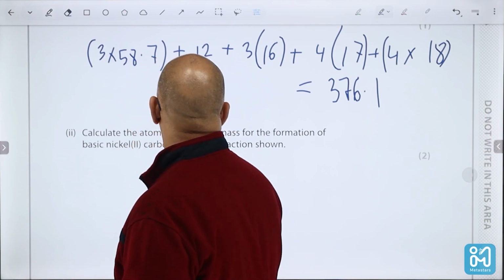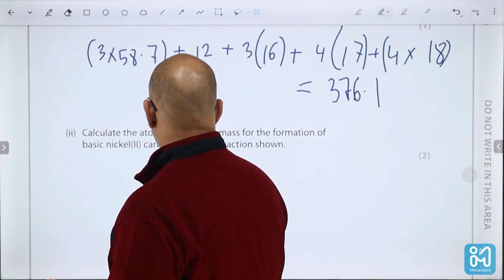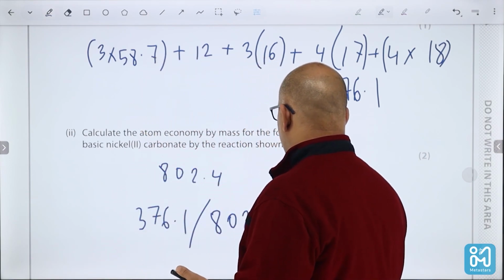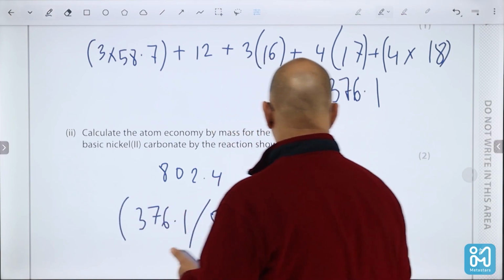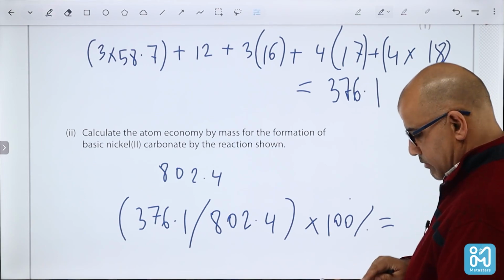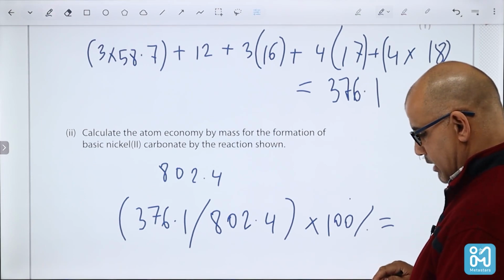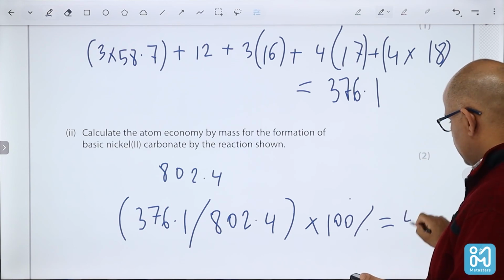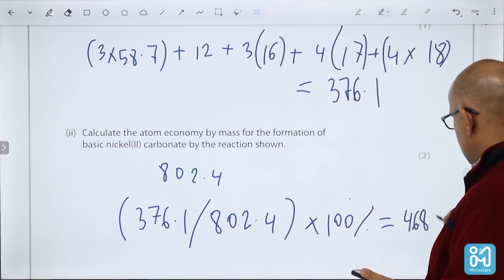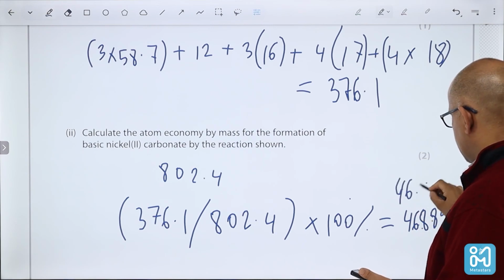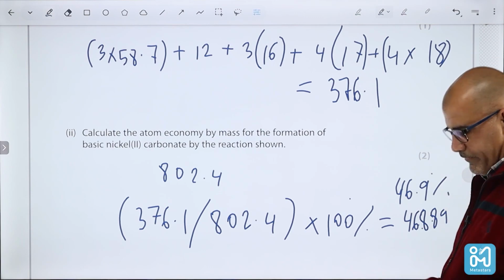So the atom economy equals 376.1 over 802.4, times 100%. This will give you the atom economy. So the answer is around 46.889, sorry, so it is 46.9%.